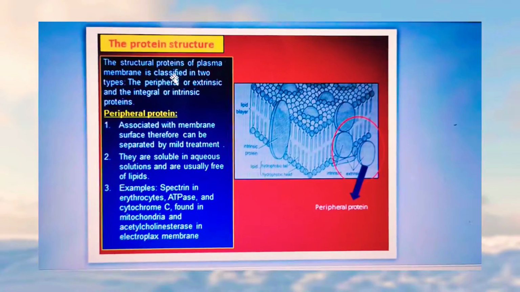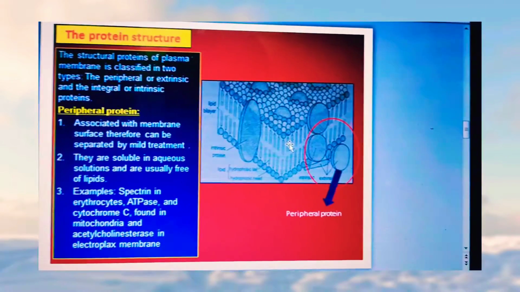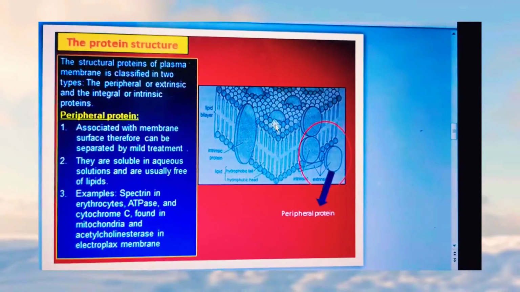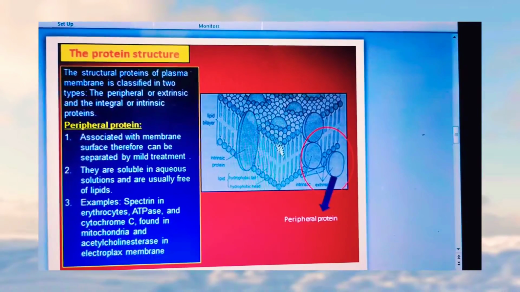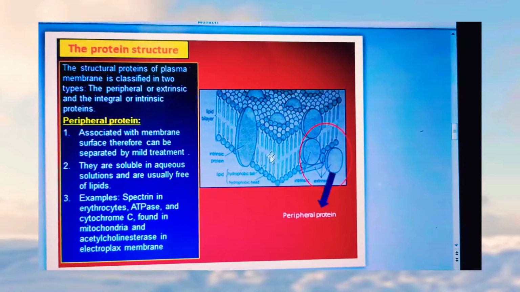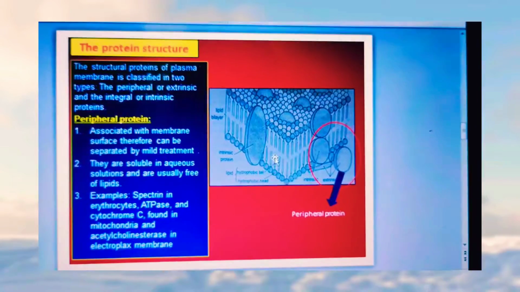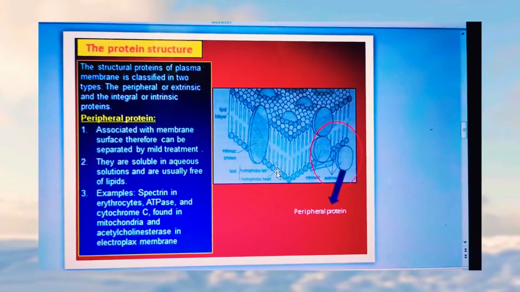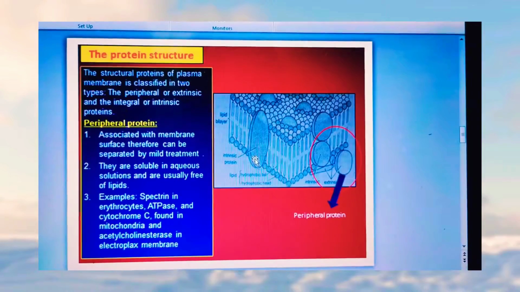So this is the fluid mosaic model of a plasma membrane. See, phospholipids, the polar head, and this is the polar tail. In between these phospholipids, proteins are embedded.